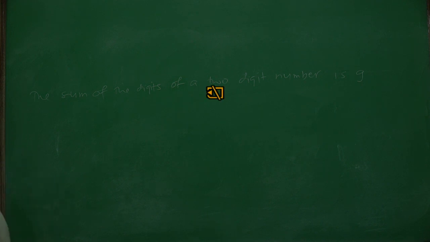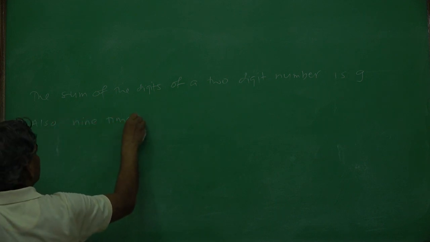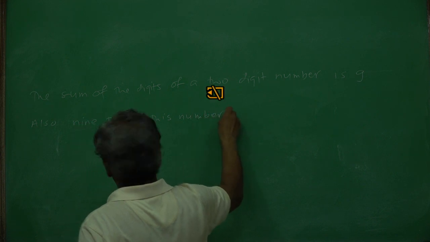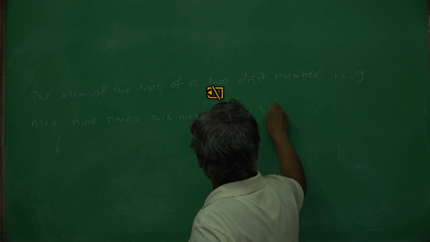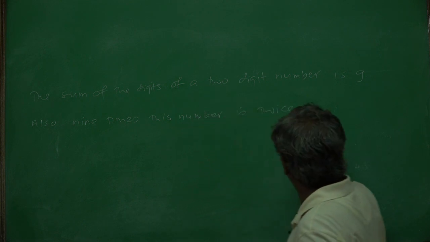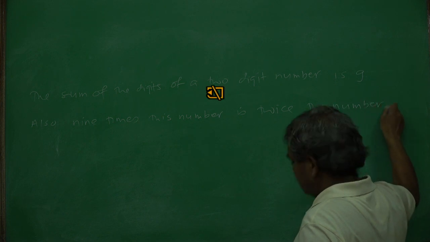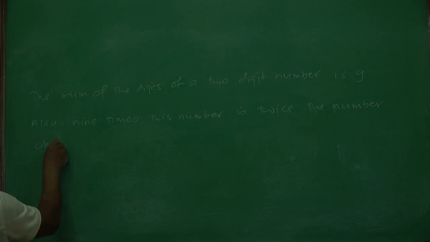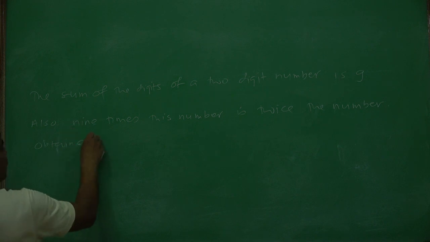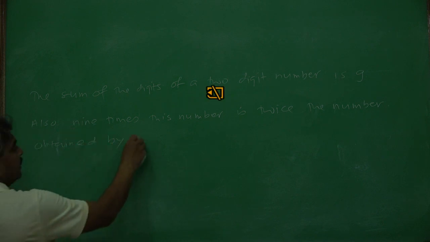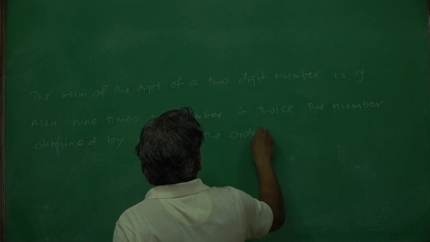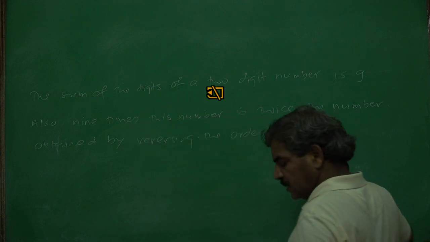Also, 9 times this number is twice the number obtained by reversing the order of digits.